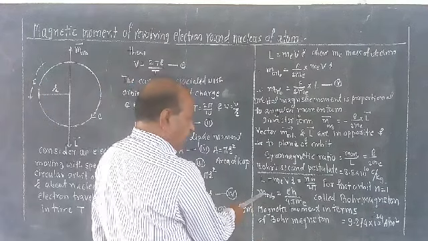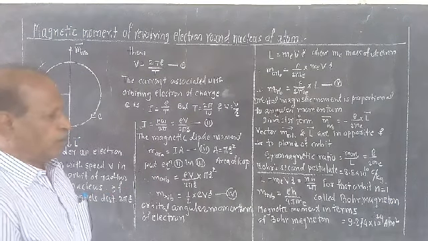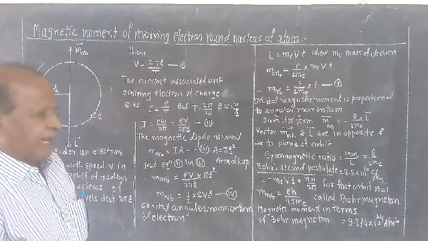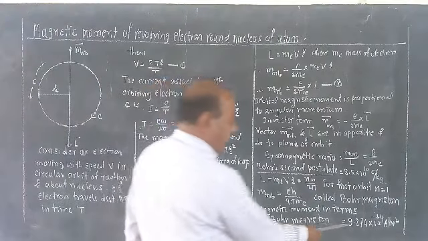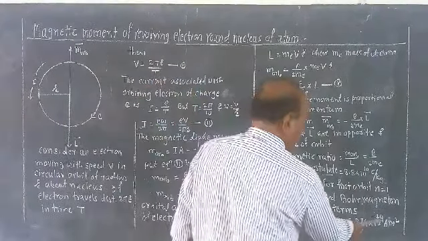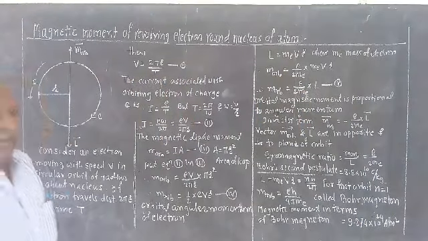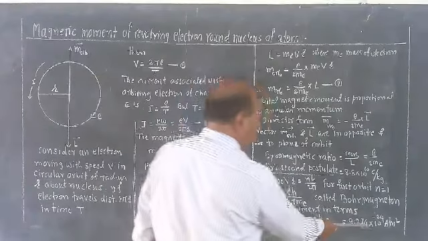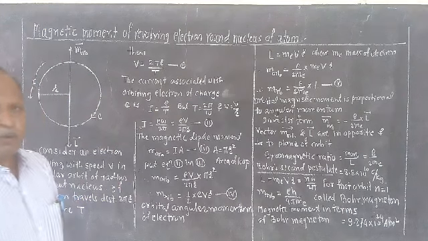So the dipole moment can be expressed in terms of Bohr magneton, whose value is 9.274 into 10 raised to minus 24 ampere meter square. This is the value of Bohr magneton or magnetic dipole moment.